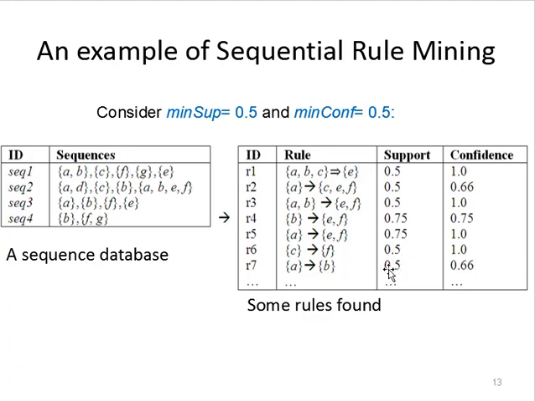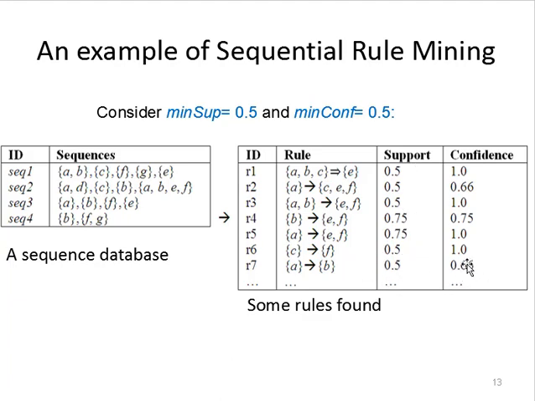That means it appears in 2 out of 4 sequences. So let's have a look. A here, but not followed by B. In sequence 2, A followed by B, so 1 time. In sequence 3, A followed by B. And in the last one, we don't have A followed by B. So A followed by B is 50% of the time, support 0.5.